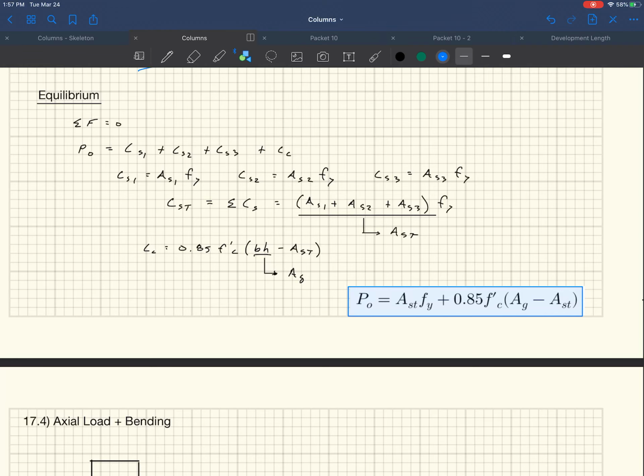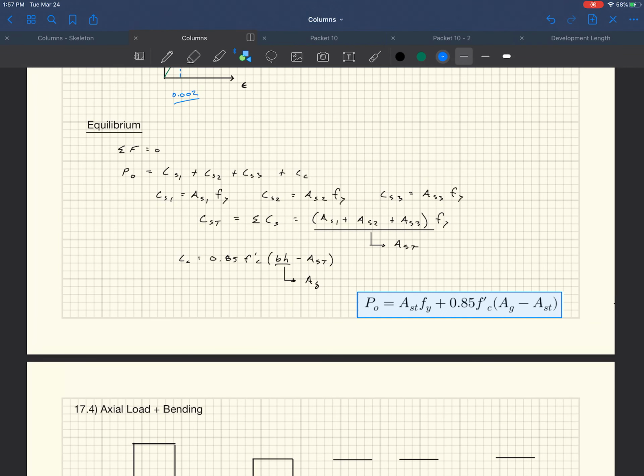And so the total compression force that a concentrically loaded short column can take is the total area of steel times Fy. It makes sense that you'd have that. And then times 0.85 f'c, that's the magnitude of the stress block, times the total area of concrete. It's the gross area minus the amount of area that the steel takes up. And that's your total capacity.